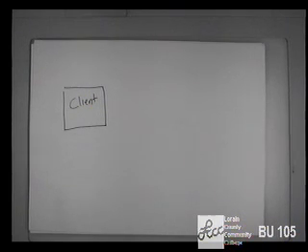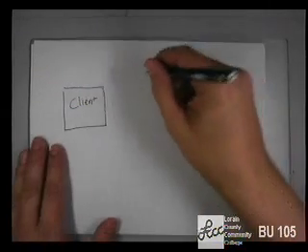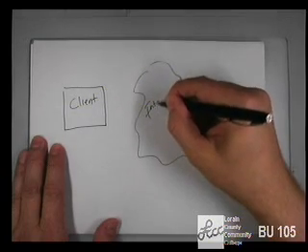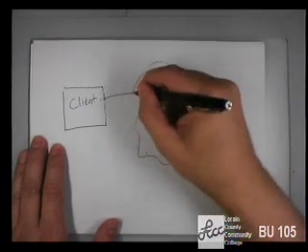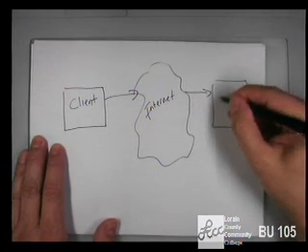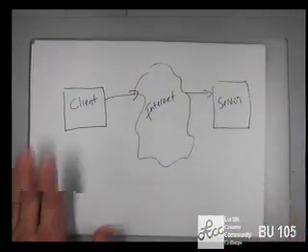That's a client as well. In these terms, a client is a system that is making requests for web pages. They are connected to the internet, which again is drawn as a cloud because we don't necessarily know all the details.